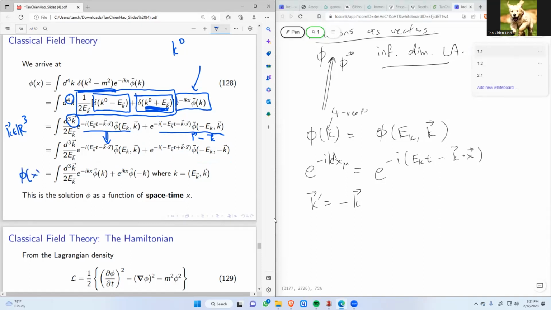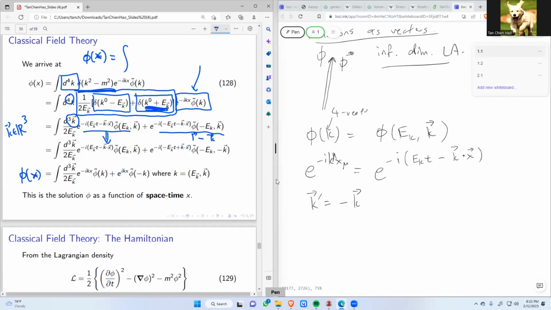So with phi of x equal to this, I managed to express it differently.